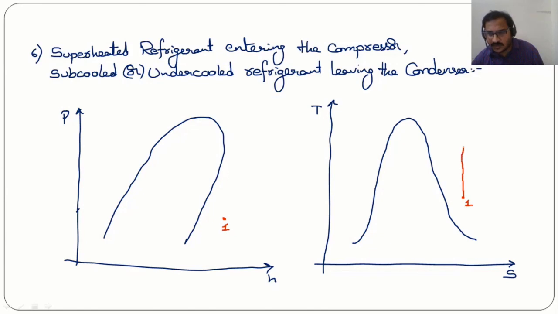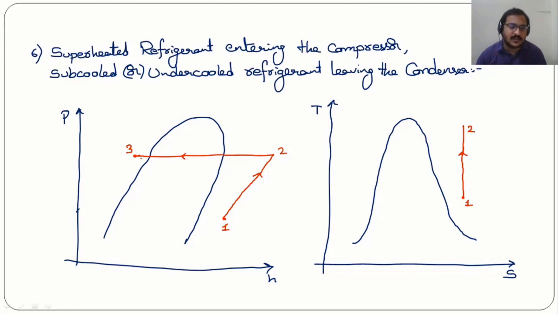You will get a vertical line in the TS diagram like this, and 1 to 2 in the pH diagram is represented like this. Then 2 to 3 is condensation at constant pressure. Here just try to understand, dear students. During condensation, this refrigerant should leave the condenser in the subcooled or undercooled condition.